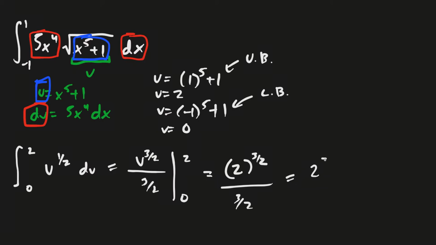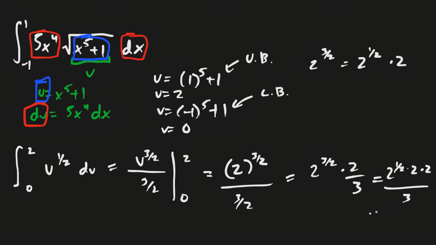This is 2 to the 3/2 power times 2/3, which is 2 to the 1/2 times 2, times 2 over 3, which is the square root of 2 times 4 over 3, which is equal to 4 times the square root of 2 over 3. And this is our answer.